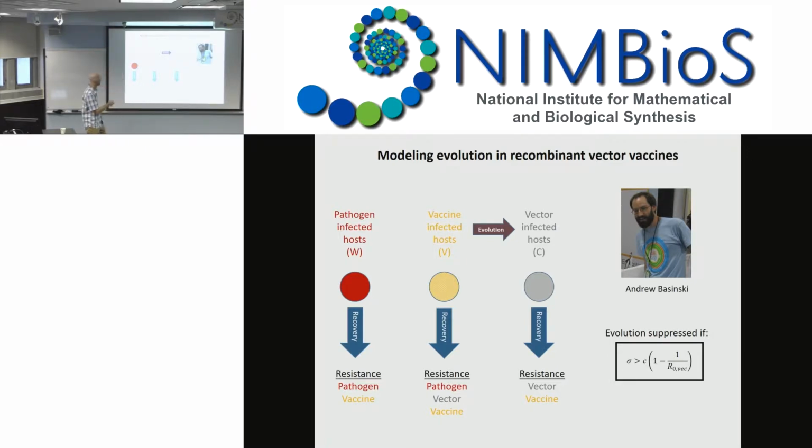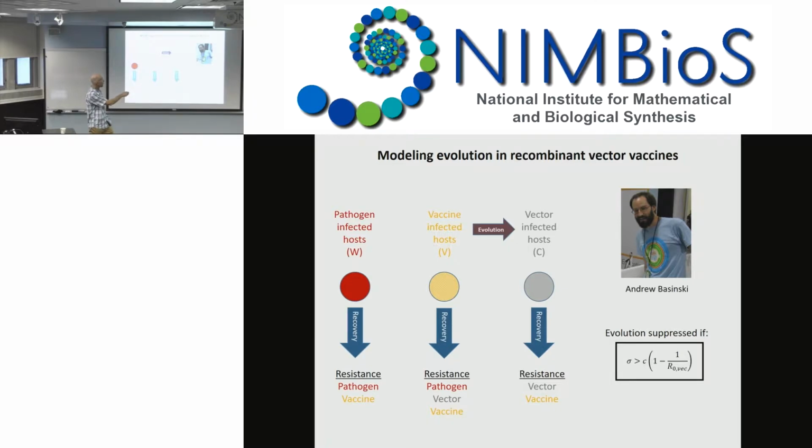And that's that, at least under sort of the simplest modeling assumptions we can make, when individuals get infected with a wild type pathogen, they then recover and they're resistant to the pathogen, but they also have some resistance to the vaccine because the vaccine is carrying an antigen of the pathogen. When an individual is infected by the vaccine and then recovers, they're immune then to the pathogen, the vector, and the vaccine.